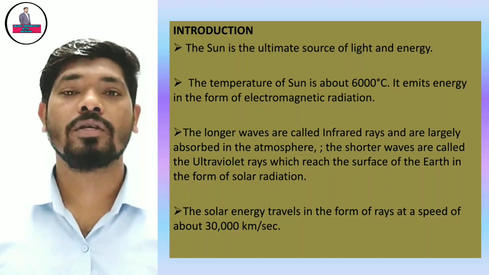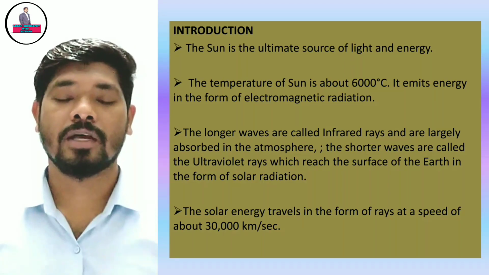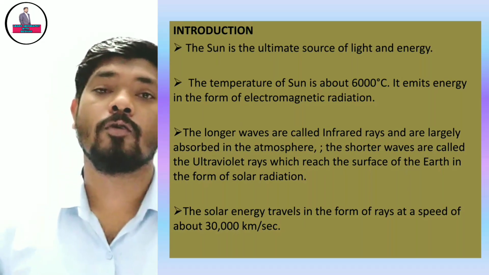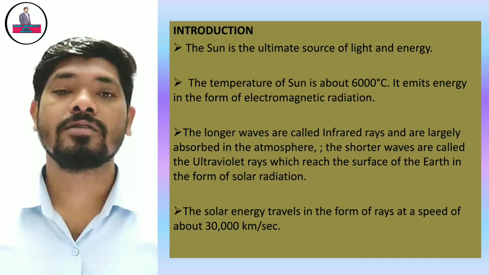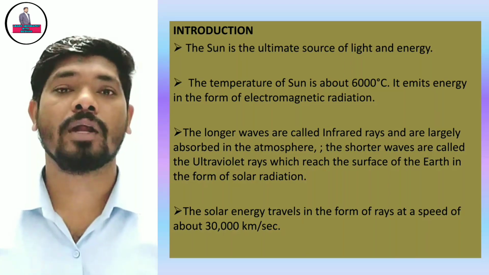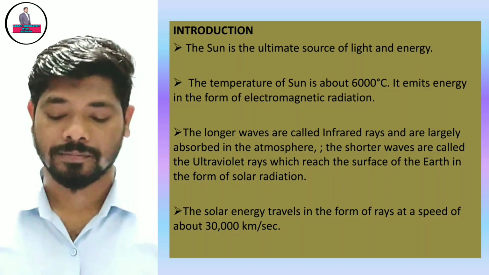So what is the source of the rays? That is the sun, right? The sun is the ultimate source of light and energy. All the various phenomena that take place on the earth's surface or in the atmosphere are due to the sun.